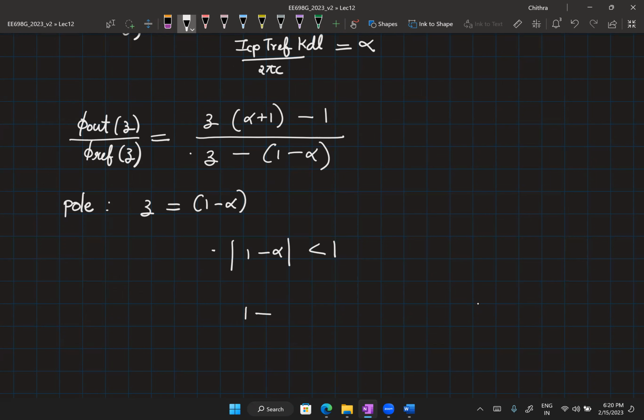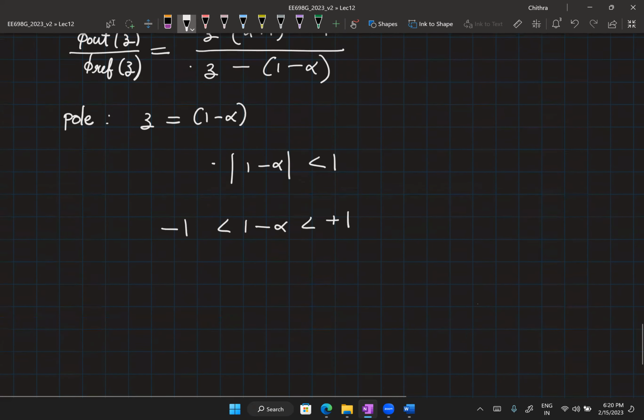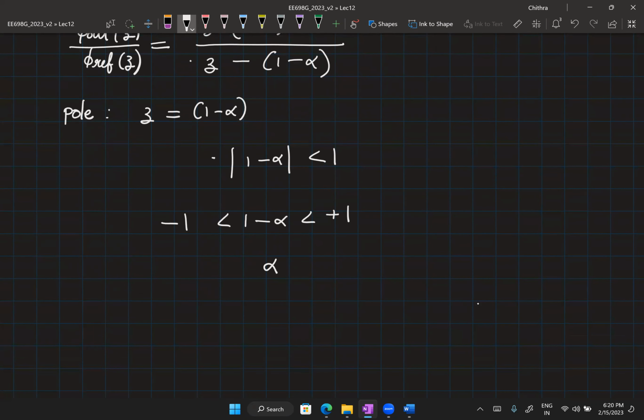So I can write it as 1 minus alpha should be between -1 to +1. What condition do you get on alpha? You will get a lower limit and an upper limit. So alpha has to be greater than 0 and lesser than 2.